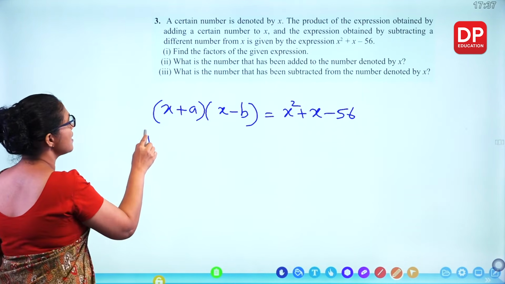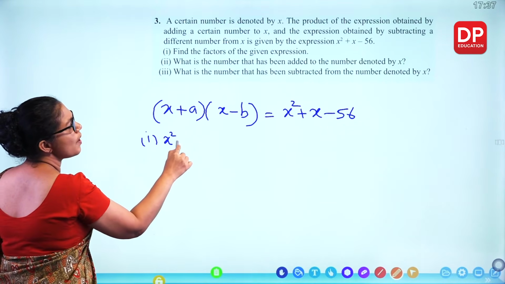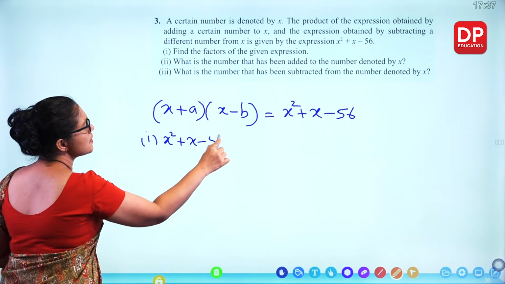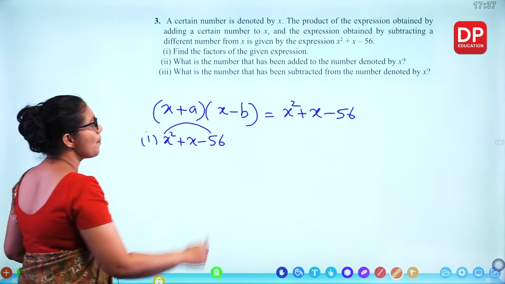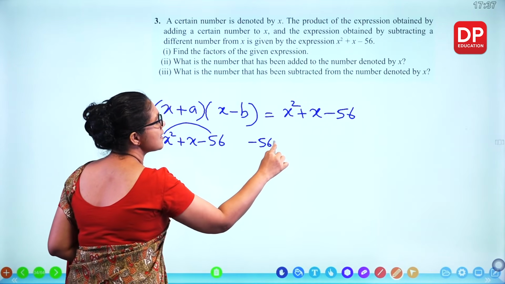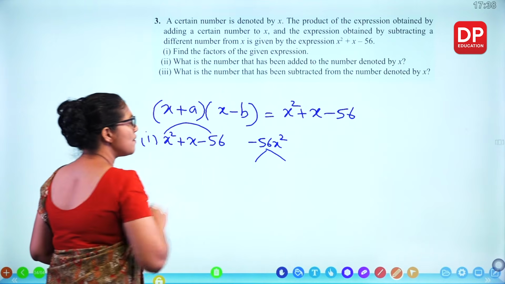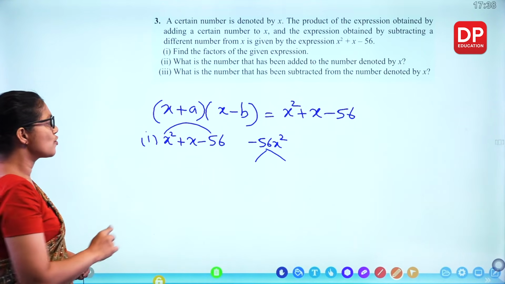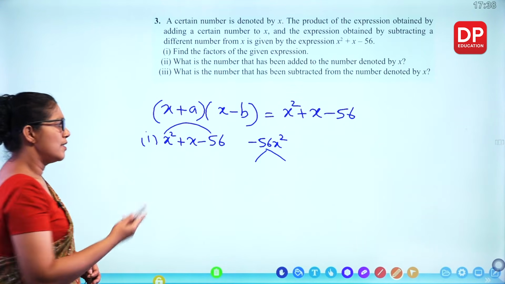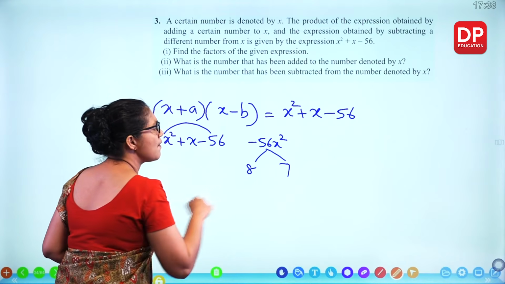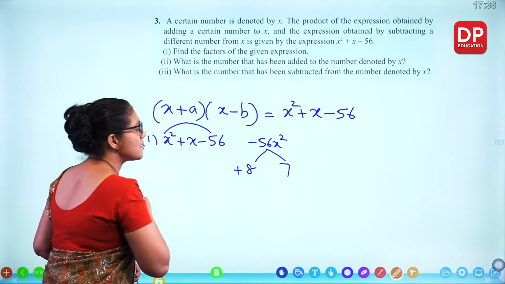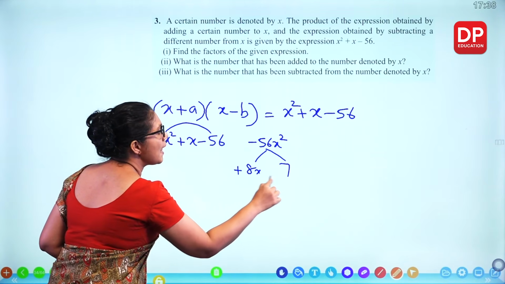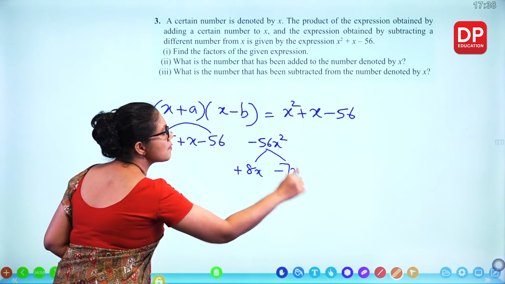So we'll start. The expression is x squared plus x minus 56. As before, you multiply to get minus 56 x squared. What are the factors of minus 56 that give plus 1? We know 8 times 7. But the middle term is positive, so that means the bigger number positive and the smaller number negative.